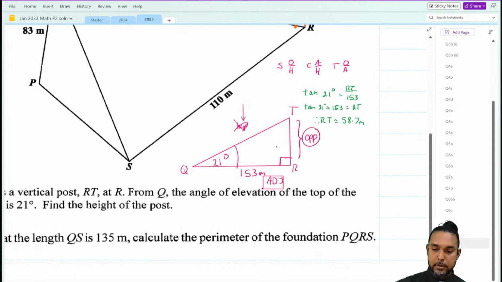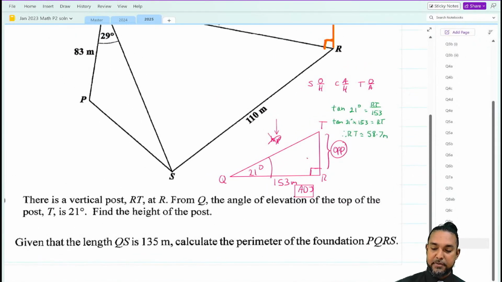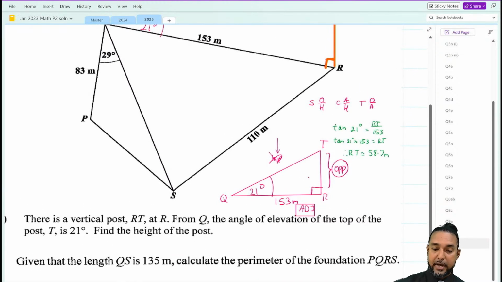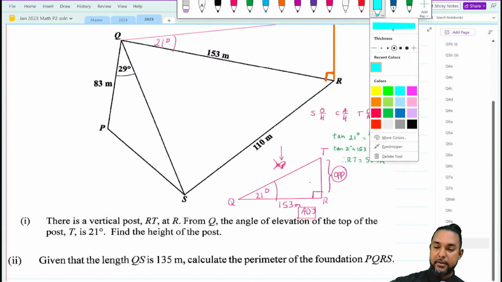All right. Now the last thing, it says that given that the length of QS is 135, find the perimeter of the foundation. So QS is this. So let me put that in a little yellow highlight.